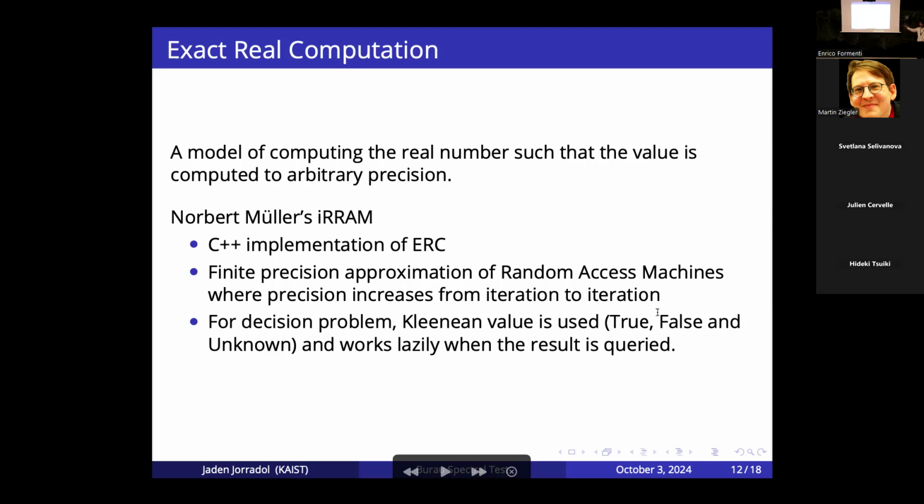For a decision problem, the Kleenean value is used, which lazily determines the conditions whether it is true, false, or unknown, and then it keeps the value until the point is known to be outside or inside the zone. If it is unknown, then it recomputes until the eigenvalue is determined.